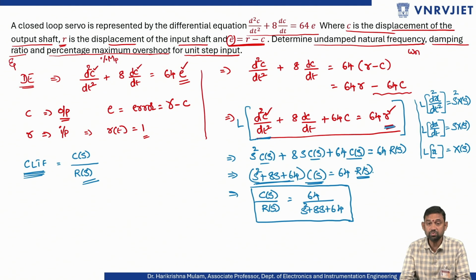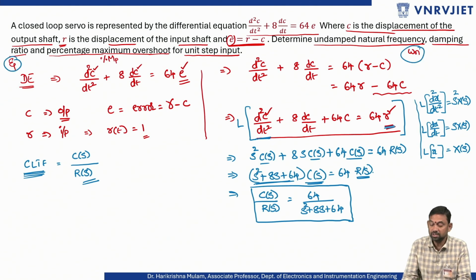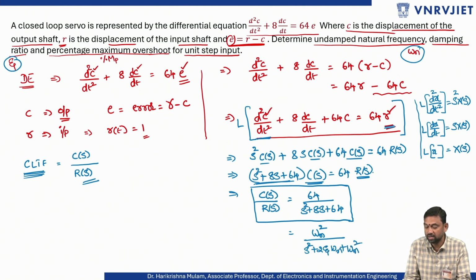And if you want to find this omega n and zeta, you need to compare this transfer function with the standard way of representing the closed loop transfer function of a second order system, that is omega n square by s square plus 2 zeta omega n s plus omega n square.